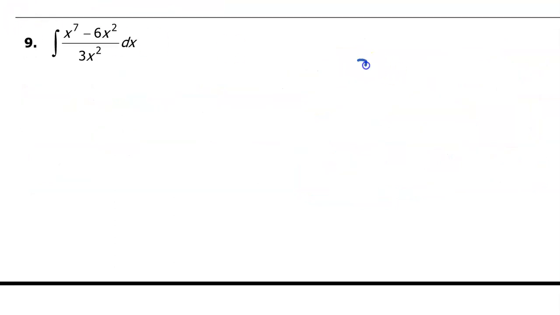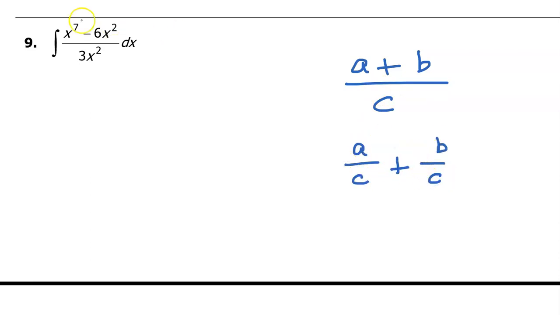For number 9, I'm going to use the principle that I refer to as the a plus b over c rule, because I can always rewrite this as a over c plus b over c. So in this case, I can take my x to the 7th power and put that over 3x squared. There's my minus.